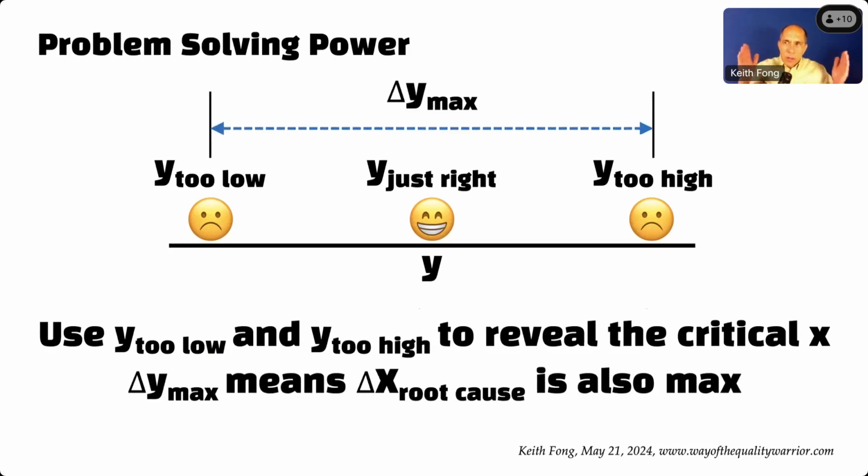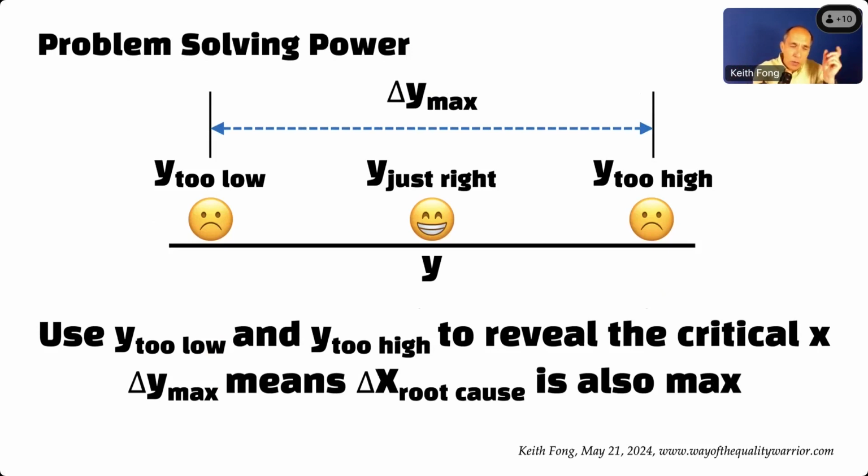So we end up having the maximum change in our output. The larger that difference is, the more different the X that's driving it is between them. So the value of X6 for the Y too low is the most different from the Y too high's X6. That makes it easier for us to find it.